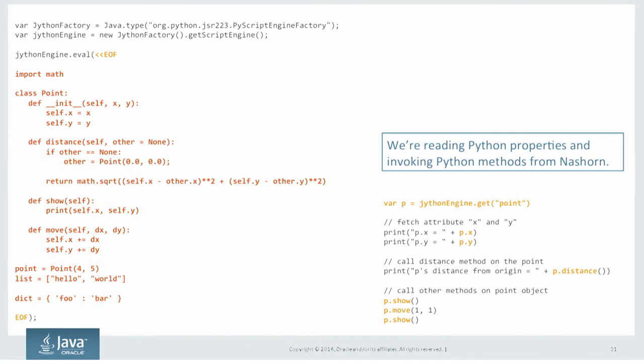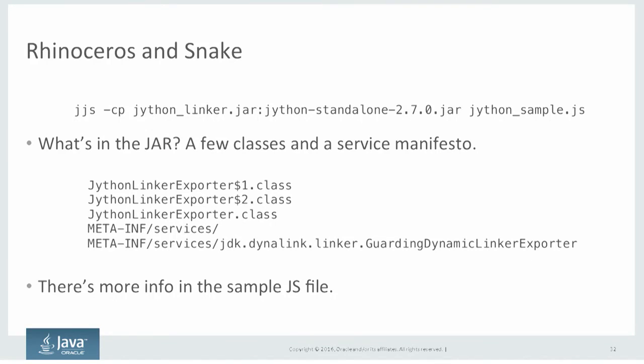So we have a little example of language interoperation here. This slide briefly illustrates how to use such a linker by just adding the jar file with the linker to the class path. Thanks to the service loader, this linker will be automatically loaded.